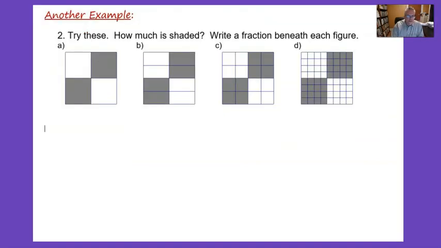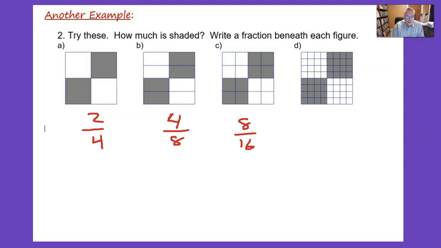Okay, here's another example. In this first diagram, we have 2 out of 4 squares shaded. Simplified, it's equivalent to a half. Here it's divided up into eighths. We have 4/8. On this one, it looks like 8/16. It's equivalent to the first two.